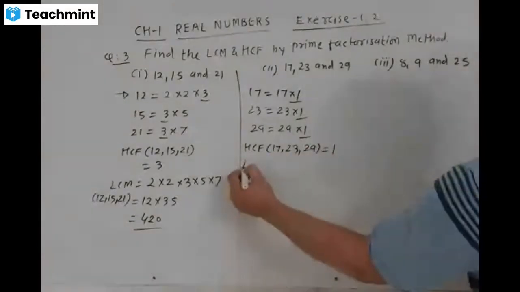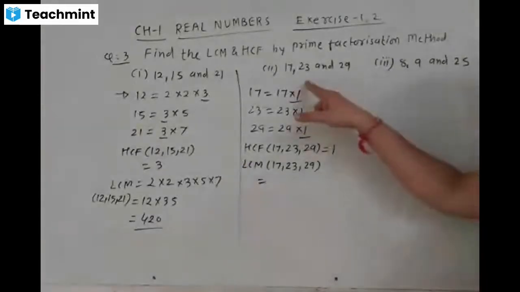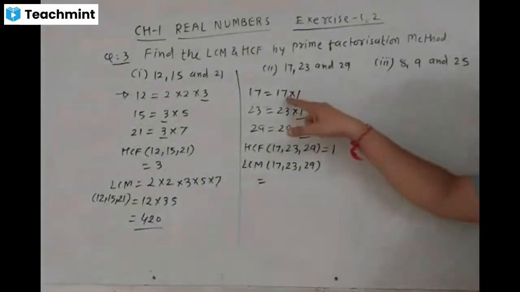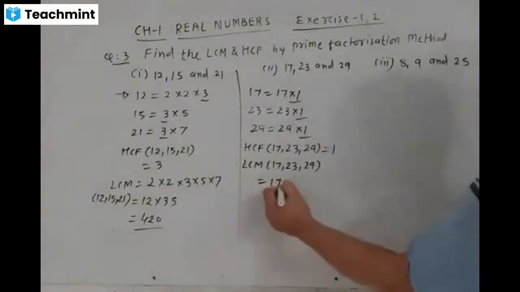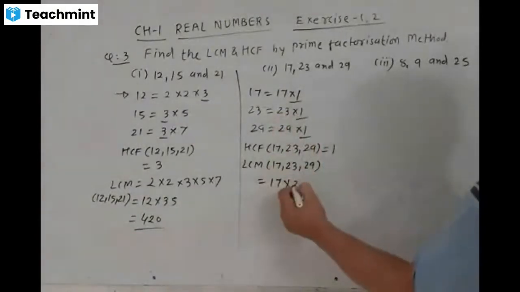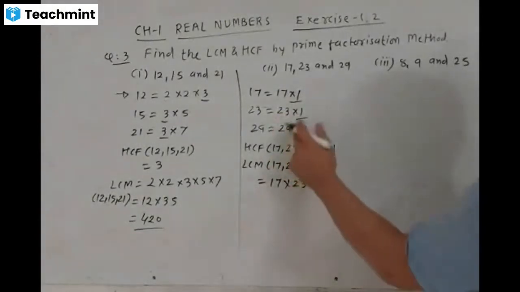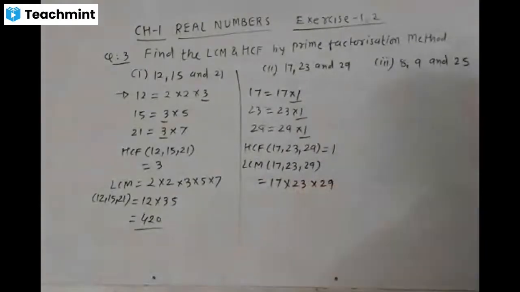And LCM of 17, 23, 29. Okay. Highest power of 17 is 1. Highest power of 23 is 1 time. And highest power of 29 is 1 time. Okay.